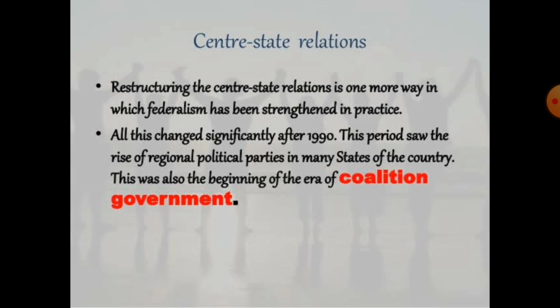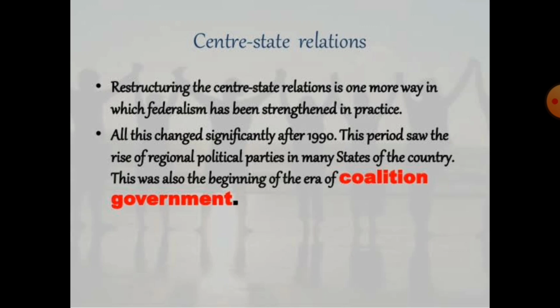The main reason for this was that the same party was in power at the center and in many of the states, so there was no autonomous enjoyment of rights by most state governments in the initial periods. Then a stage came where the ruling party in the state was different, but in that case the central government would often misuse the constitution to dismiss state governments controlled by rival parties.